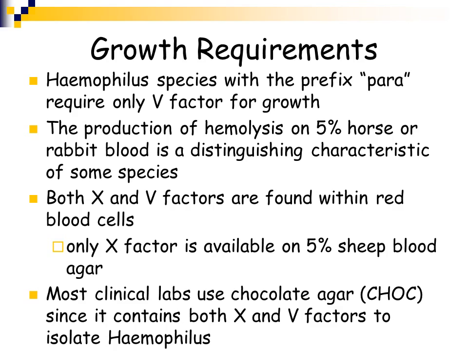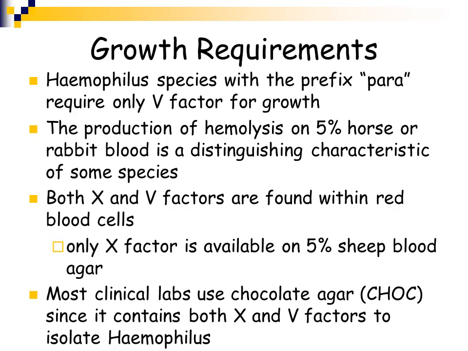Now, both X and V factors are found in red blood cells. However, X factor is available on 5% sheep blood agar, our typical standard commercial laboratory media. V factor is not in the 5% sheep blood agar. However, both X and V factors are found in chocolate agar.